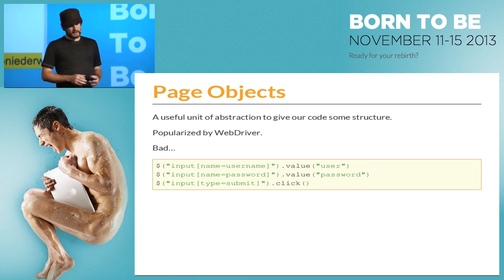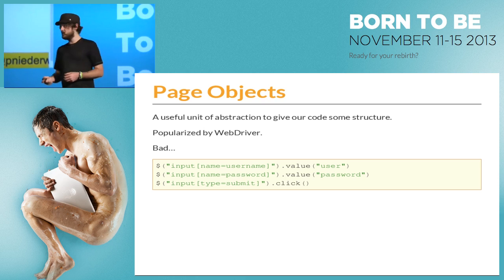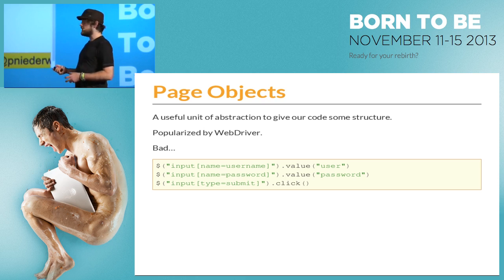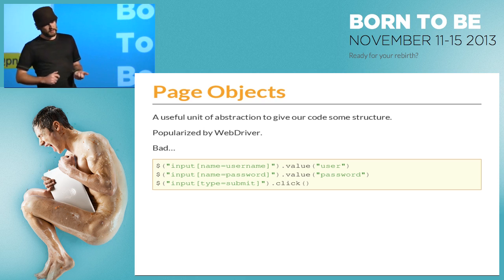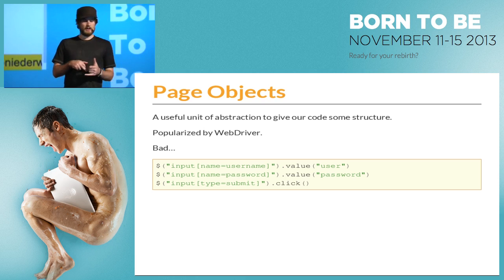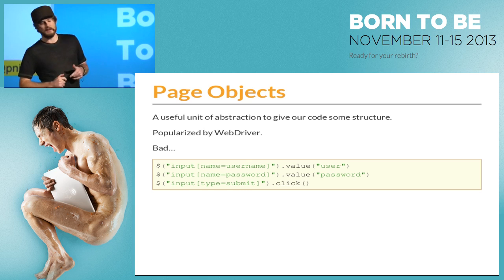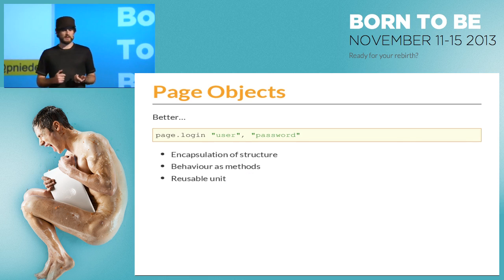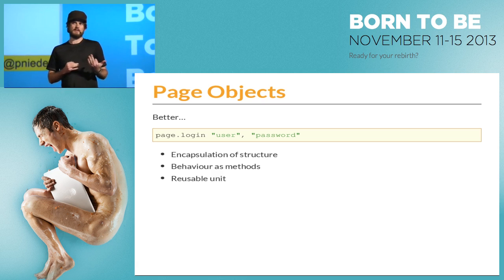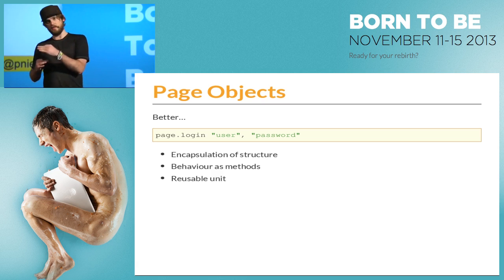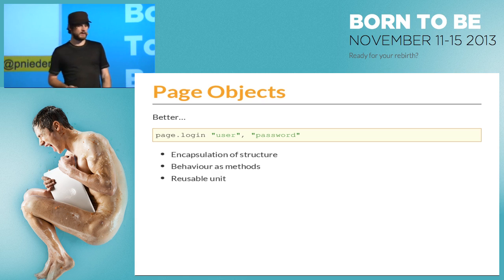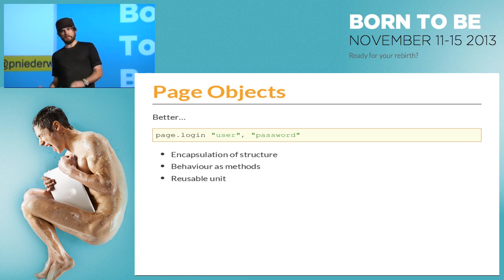The fundamental tenet here is that having this kind of code in your test is fundamentally a bad idea for a few reasons. One, you're leaking page structure into your test. And two, in any real application, a login is going to happen more than once. As Peter was saying, in the early scripting styles, a copy-paste based model was used for this kind of code. So we take that and we put any behavior behind a method on an object.